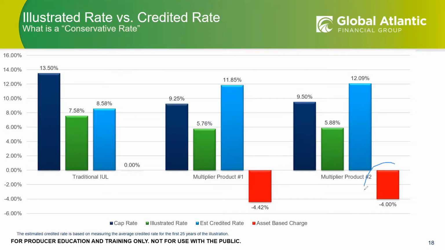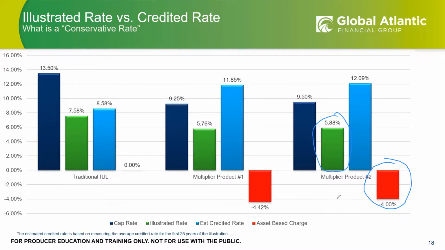Let's say it's 4%, and let's say your credited was 5.88. When you take that 50%, in this example, you'd be looking at, say, 11.67% total credited, and then you'd have to subtract out your 4%. So you're looking at 7.67 as your net crediting to the policy.